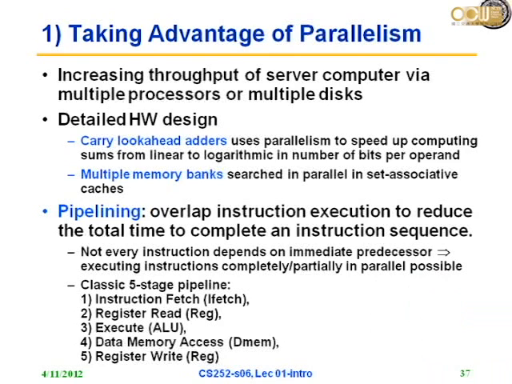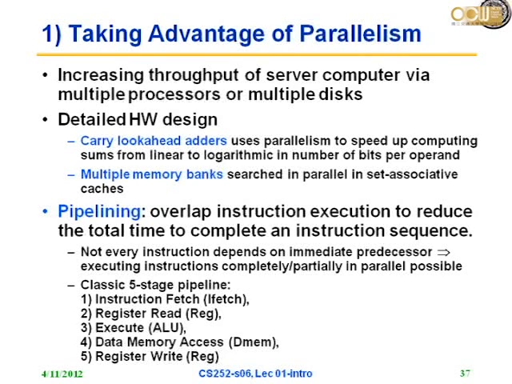Okay, so we look at these topics one at a time, taking advantage of parallelism, increasing throughput of server computer via multiple processors or multiple disks. If you're running a server, then you have multiple different requests, queries from different users at the same time. So multiple processors will help. Multiple disks will help.